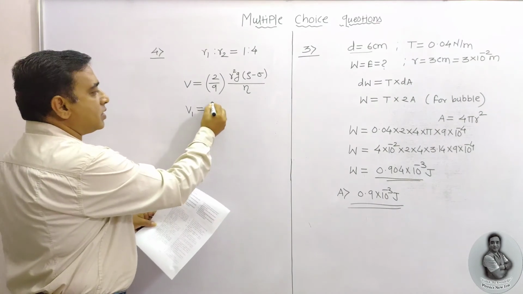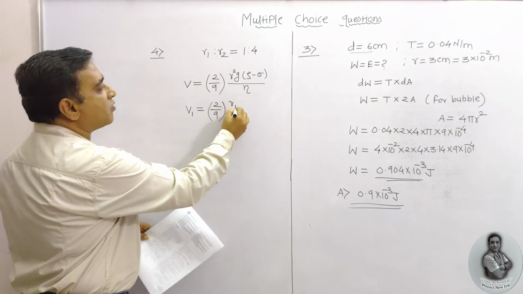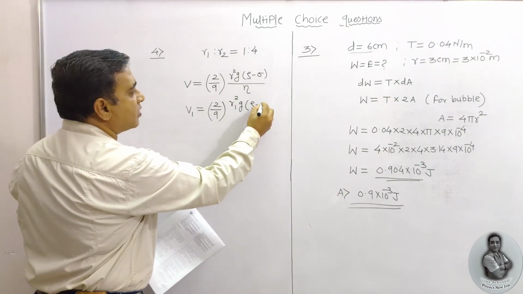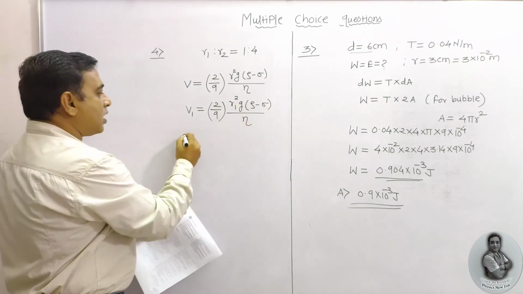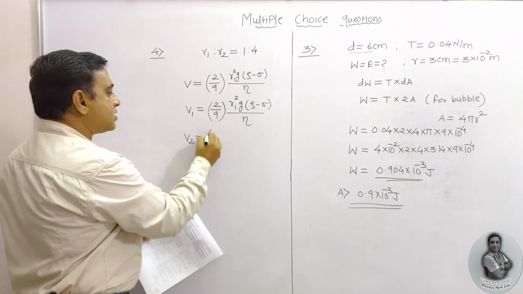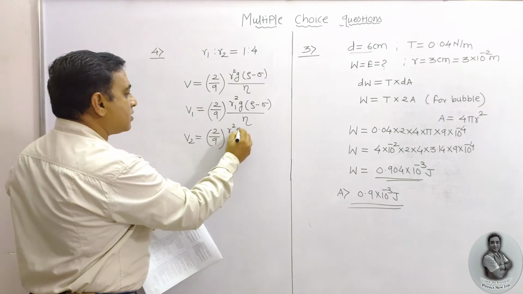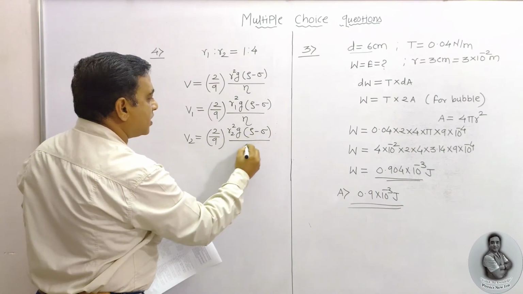So V1 is 2 by 9 R1 square into g into rho minus sigma upon eta. And what about V2? It is 2 by 9 R2 square g into rho minus sigma upon eta.